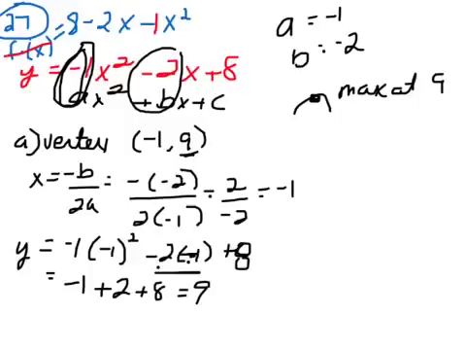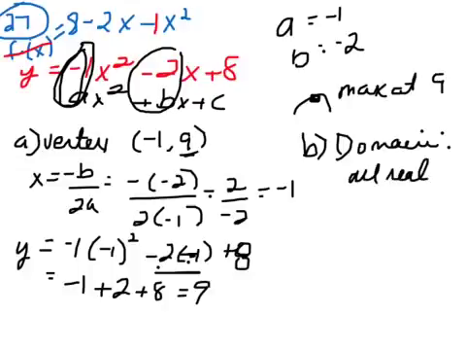Then they ask us to find the domain. All right. The domain of this, I can plug in any number I want to, and I'm fine. The reason I know that my domain is going to be any number I want it to be, which is all real numbers, which I can also write this way if I want to, is that there's no square roots that I got to worry about in this.